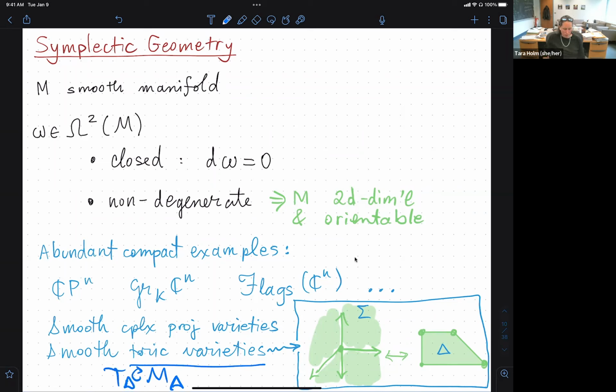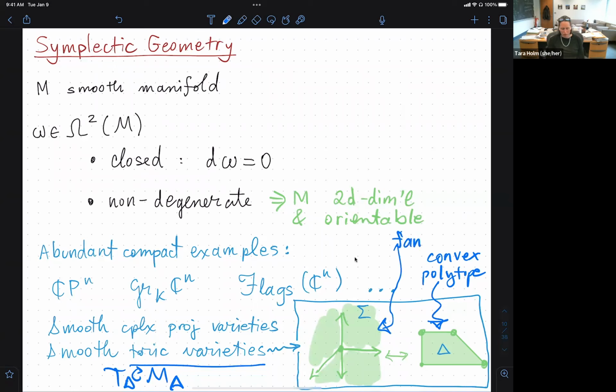The geometry and topology of that manifold can be encoded precisely in some combinatorial data, and that data to a symplectic geometer will typically be a polytope. And to an algebraic geometer, they will more likely be thinking about a fan.